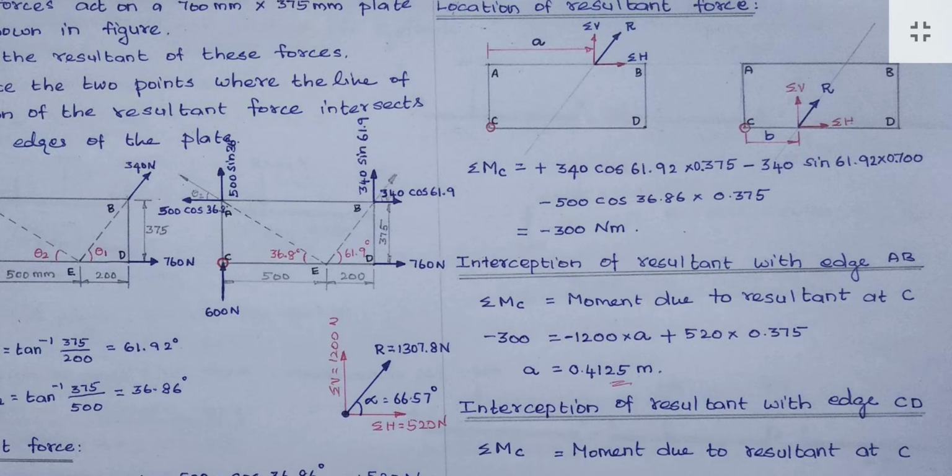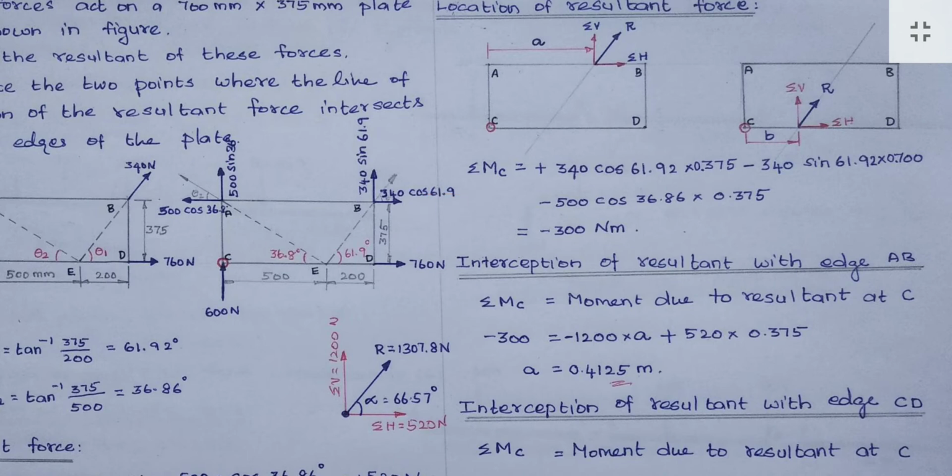So this plate will try to rotate. You are pulling like this, so it tries to come in this direction, but it is hinged at the point C, so it will rotate about this center. In which direction is it rotating? It is rotating in the clockwise direction. So the sign is positive.